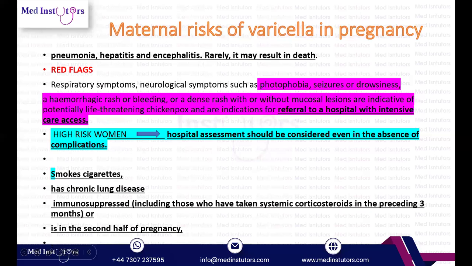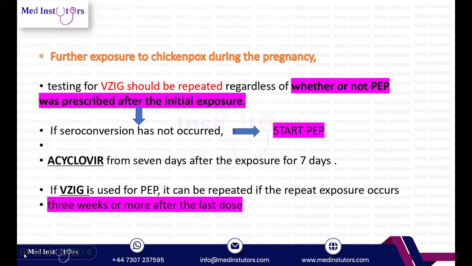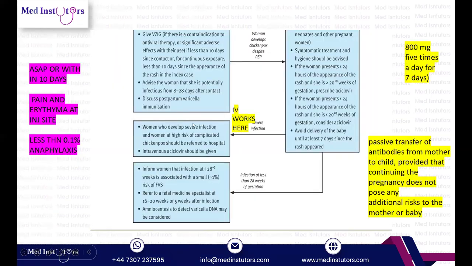If we go back, I told you a woman who developed severe infection had these signs: pneumonia, encephalitis, and the dense rashes. So that is a severe infection.